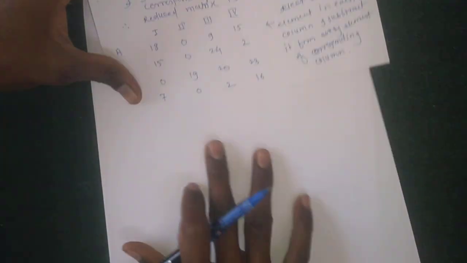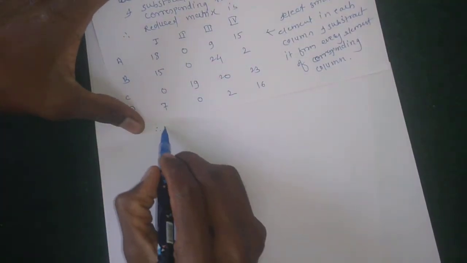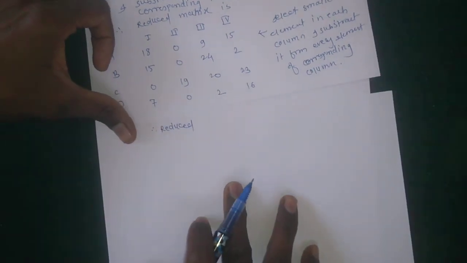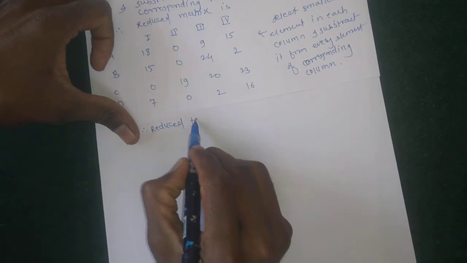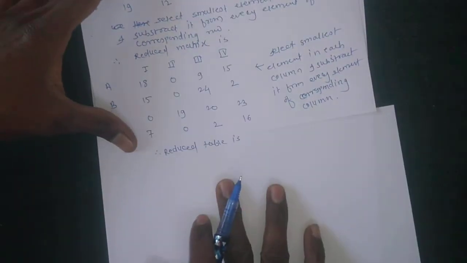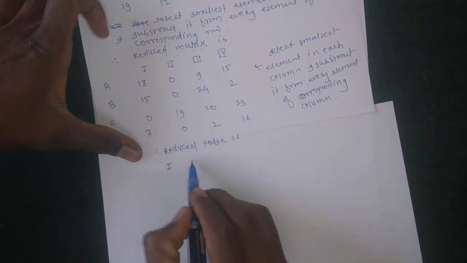So the next table, the reduced table, is here, in the first column.